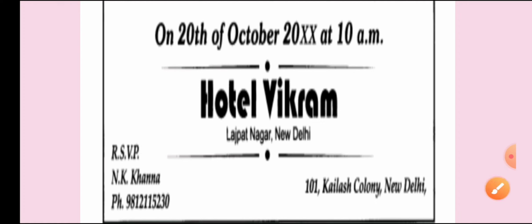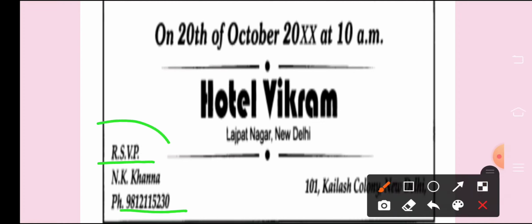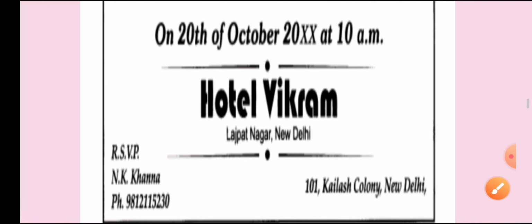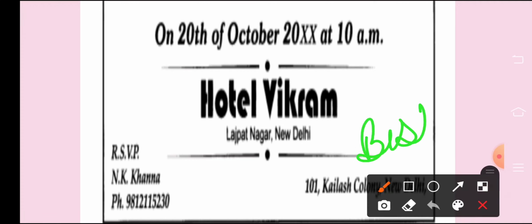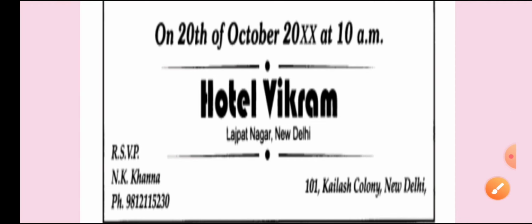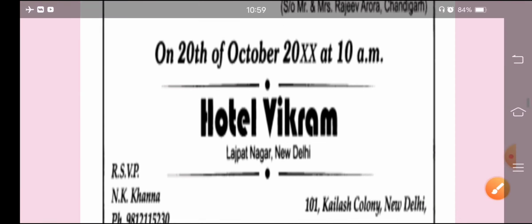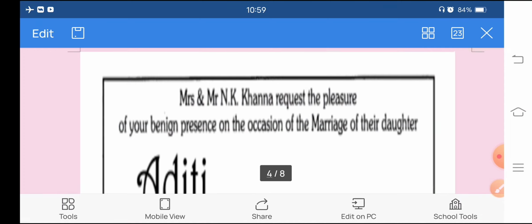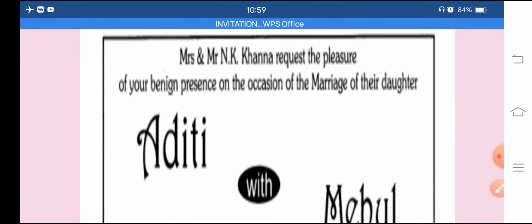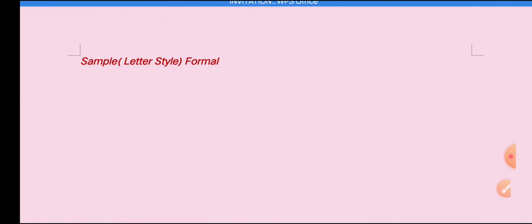So this RSVP in the left hand corner you give in the end, and in the other corner you can write the address or best wishes, but if you don't want to use them, that is also right. Just take a screenshot of this and note down the sample invitation for marriage in your notebook.